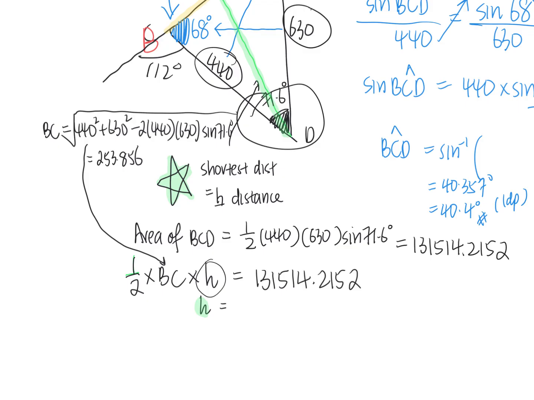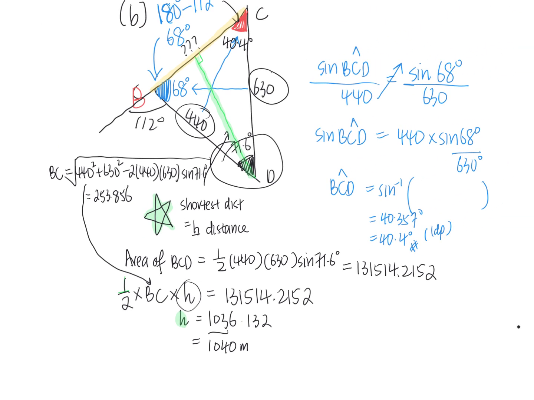Okay, so the height actually should be 1036 point what? 132099. So actually it's 1340. Okay, it's different from the answer there.